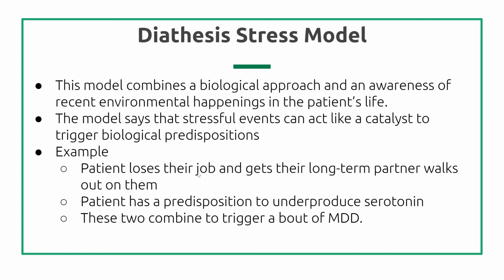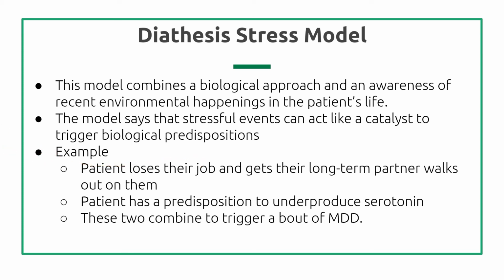Let's add, in addition to these environmental things, they have a predisposition to underproduce serotonin. So these two things combined, the trigger is the environmental thing, and it triggers as a catalyst this predisposition that they already had biologically, and these two things together create a bout of major depressive disorder. So diathesis stress is taking a look at having a biological predisposition that gets triggered by stressful events.